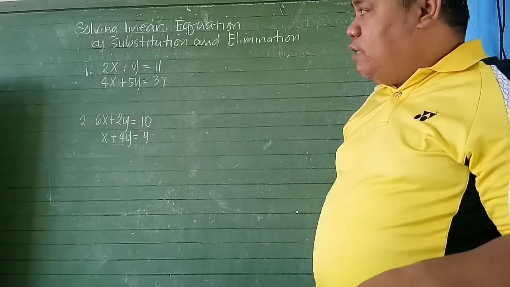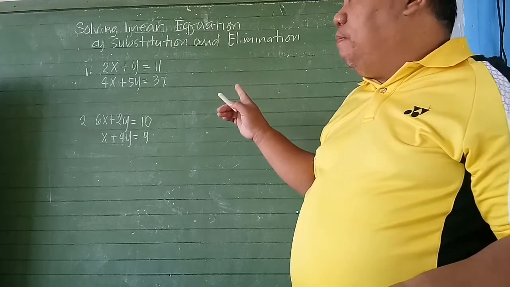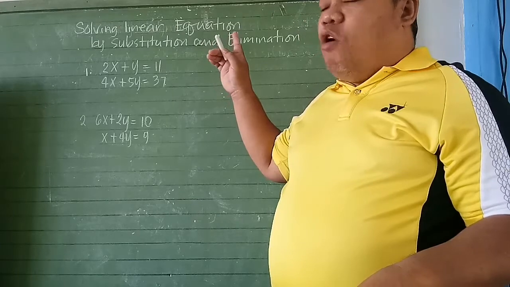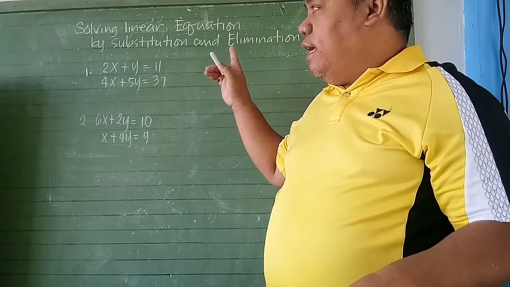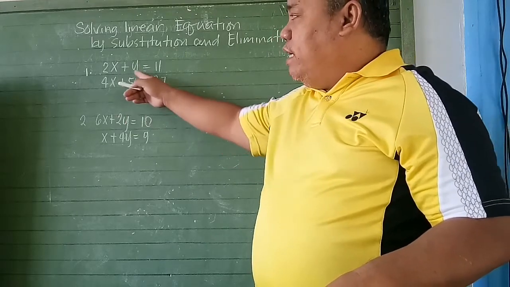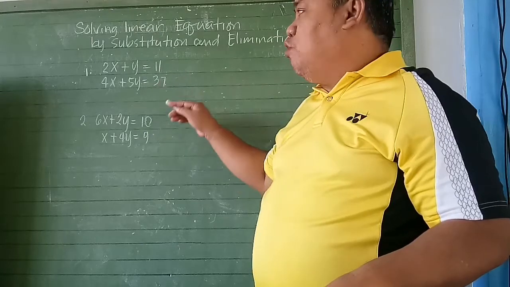It is for substitution if there is one equation wherein x or y has no coefficient. In this case, y here doesn't have a coefficient. Therefore, these two equations can be solved using the substitution method.